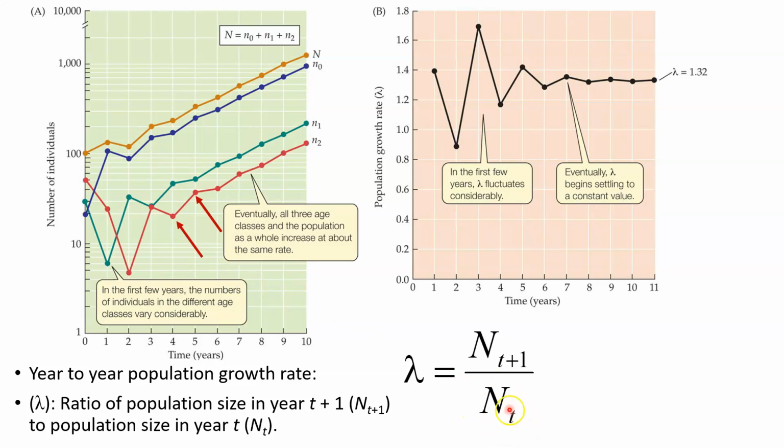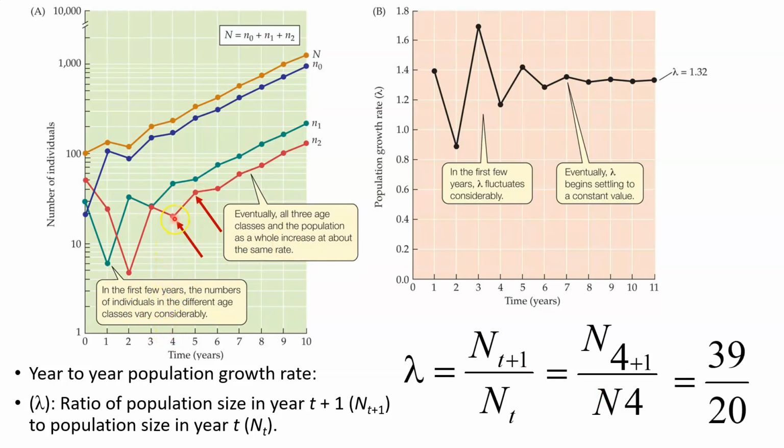Let's substitute values for N sub t and N sub t plus 1. Look right over here at this particular arrow. What is my t? 4. My current time frame is year 4, so I replace t by 4, N sub 4. Now what does N sub 4 correspond to?